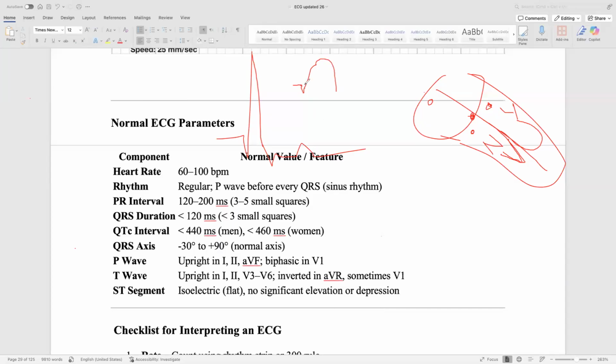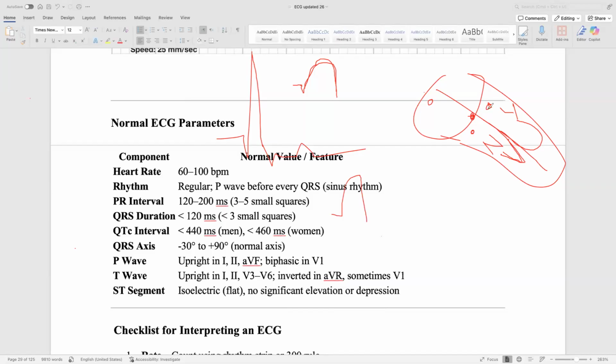It will be broad, because it takes a long time. That is a ventricular rhythm. It is not only the loss of synchronization, there will be a broad complex.